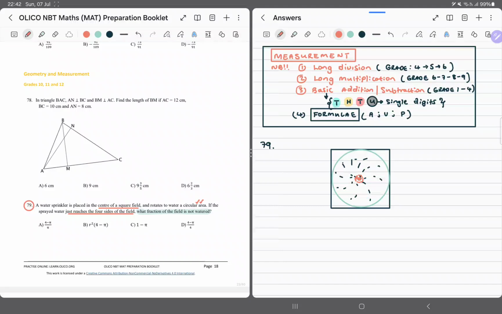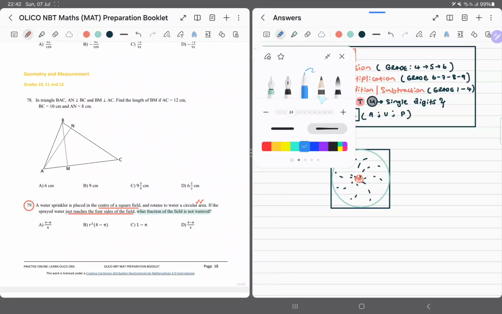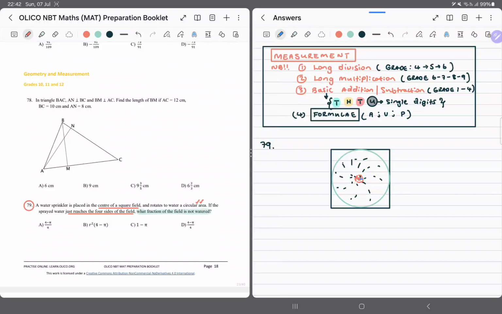And we have to understand that basically from the center to circumference is the radius. And if we produce this, it becomes a diameter like that, okay? So I hope this is clear, guys.